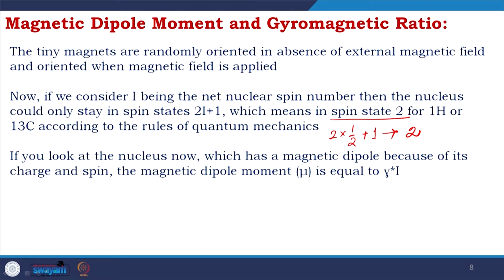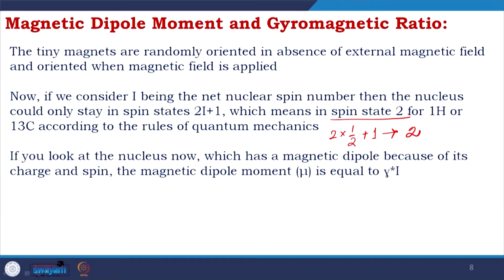If you look at the nucleus now, it has a magnetic dipole because of its charge and spin. We know the nucleus has charge because of the charged proton, and it has spin because all the nucleons, both protons and neutrons, have spin.